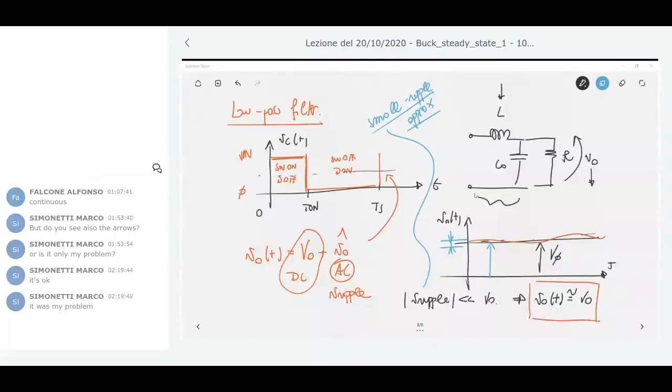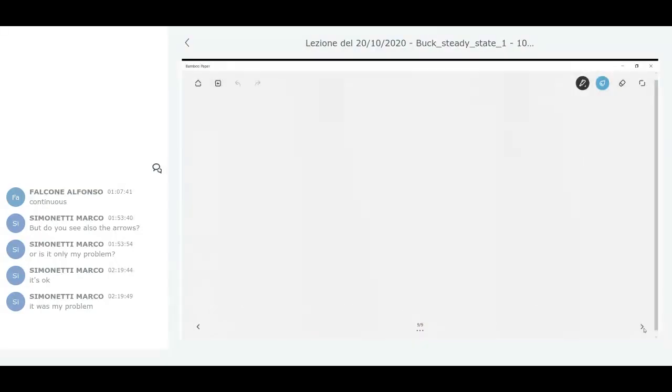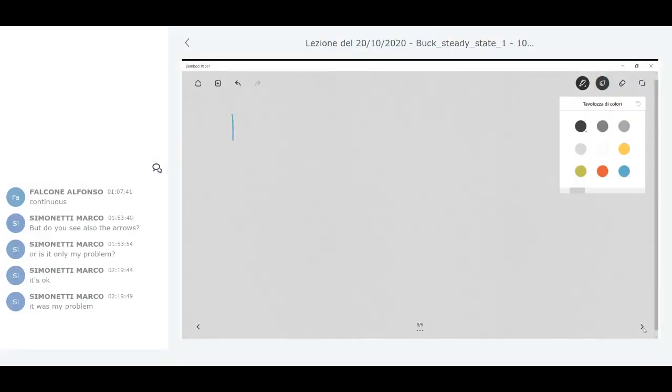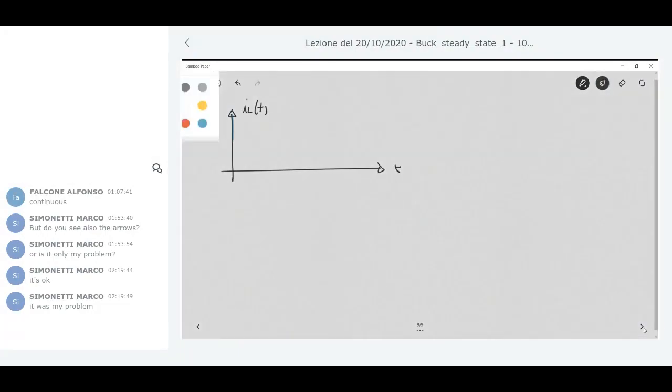This does not mean that all other quantities in the converter have no ripple. For example, we will learn in a few moments that the current through the inductor, iL versus t, has a behavior which is like this.